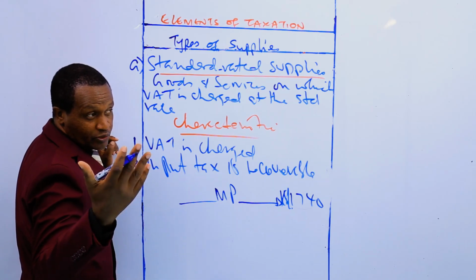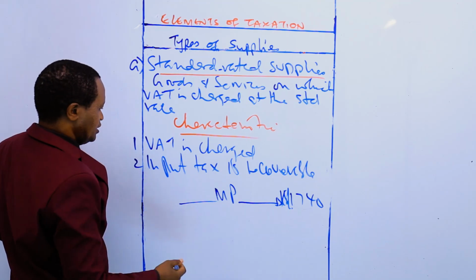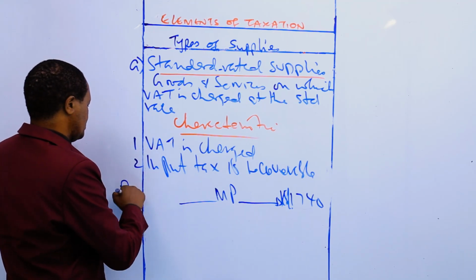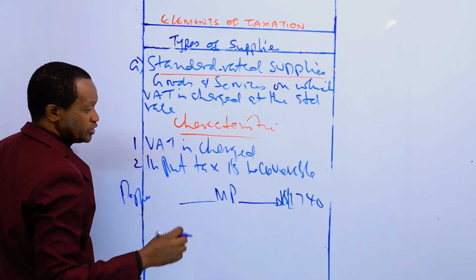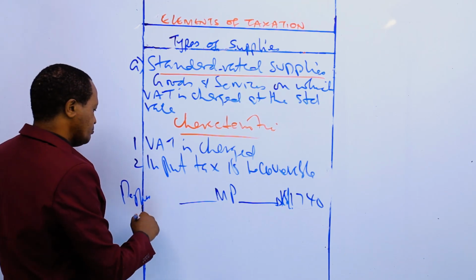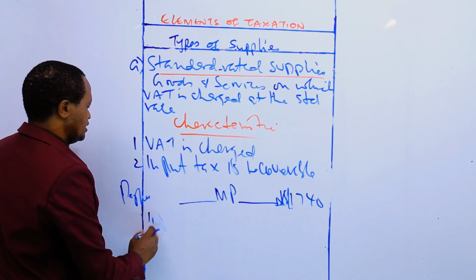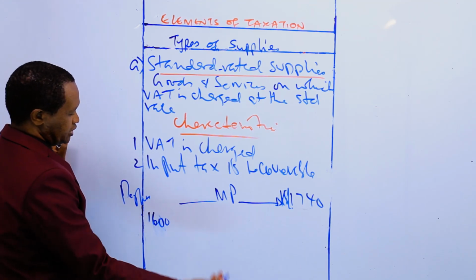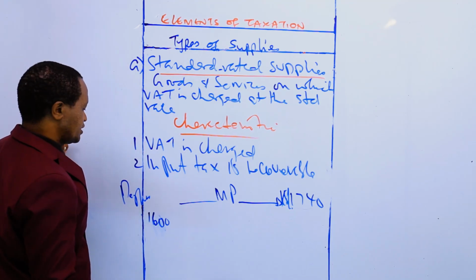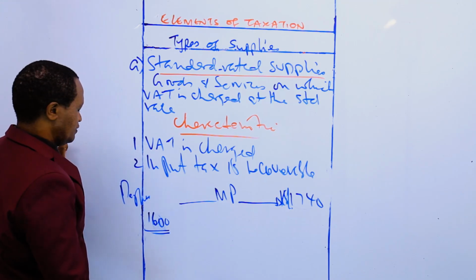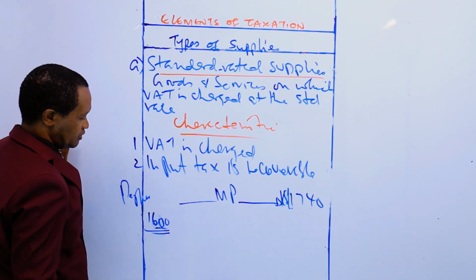So when Manifested bought paper to publish these books, the price was inclusive of VAT. Maybe a ream costs 1,000 shillings, and 16% VAT on it is 160 shillings.